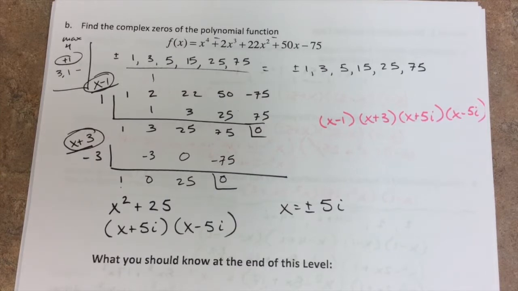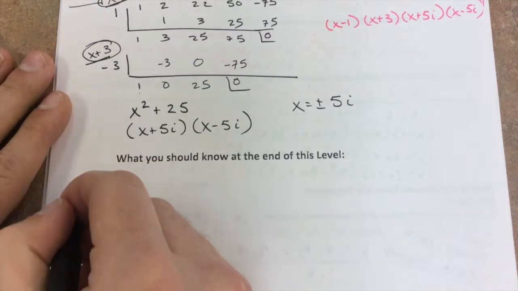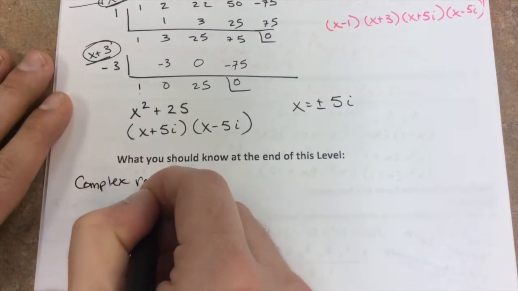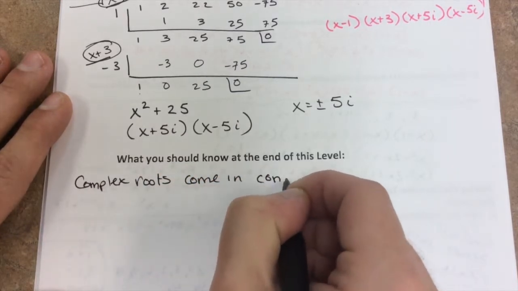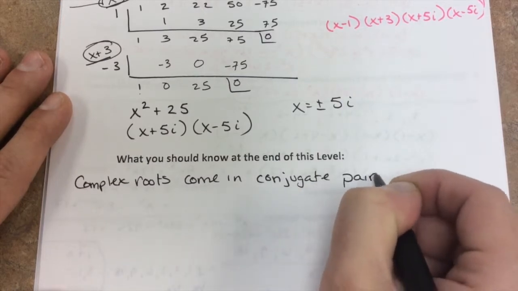So what are the takeaways that you should have coming from 4.6? So complex roots come in conjugate pairs. I think that's super important.